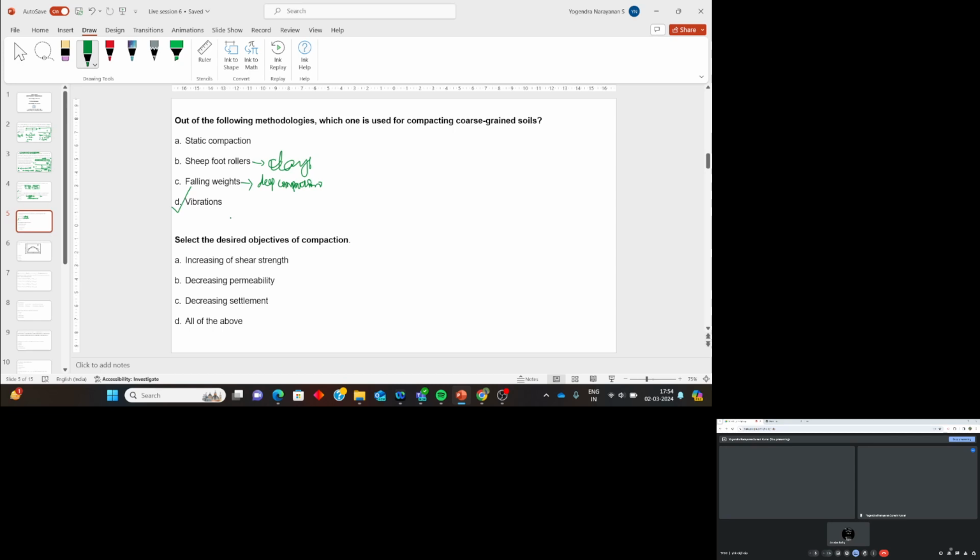For coarse grain soils, there is one more way, similar to vibrations, which can be used for compacting. That is for large areas.